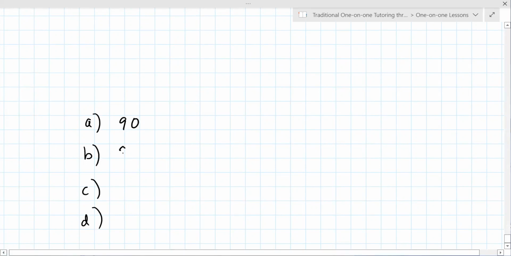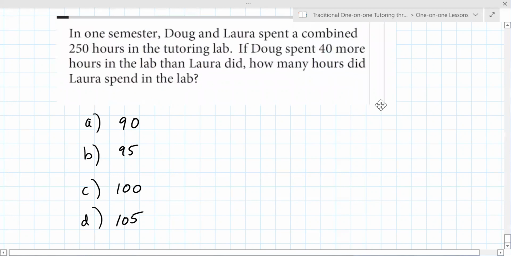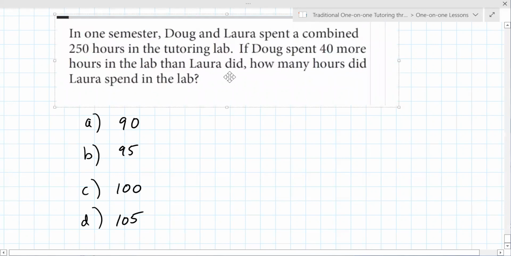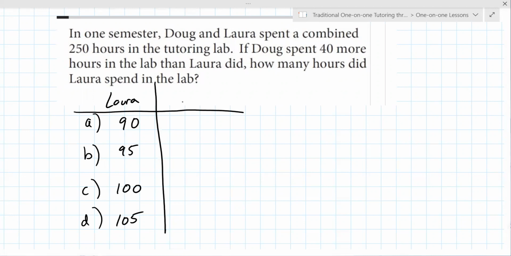All right, so I'm trying to help here by making this up. It doesn't completely work, but let's assume that this is Laura here. And I want you to try this using the table approach.